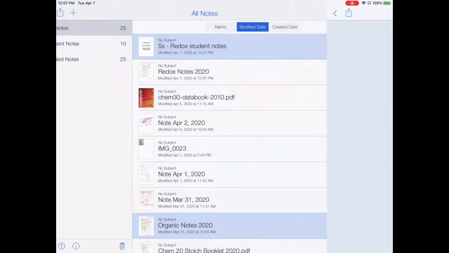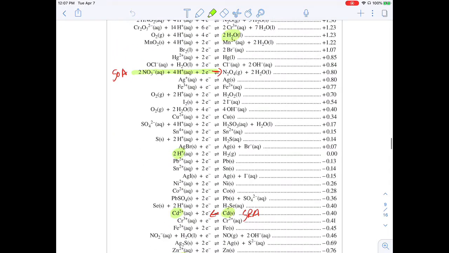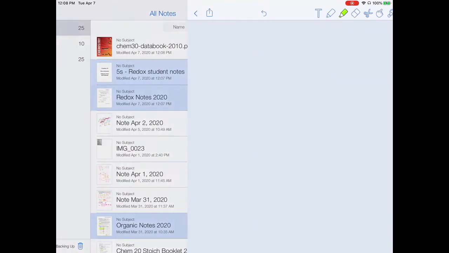So what that means is that if we're looking at water and oxygen here, any metal that is here is going to be oxidized by it because this is a spontaneous reaction. So this is a big problem that occurs for lots of metals.